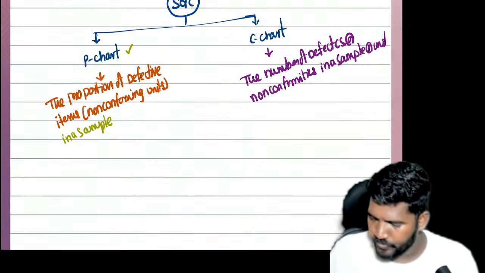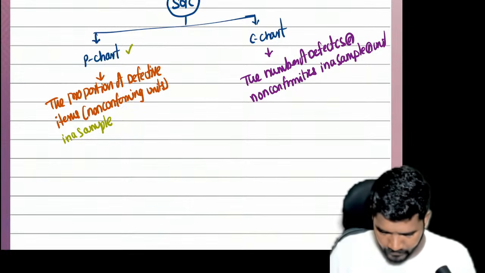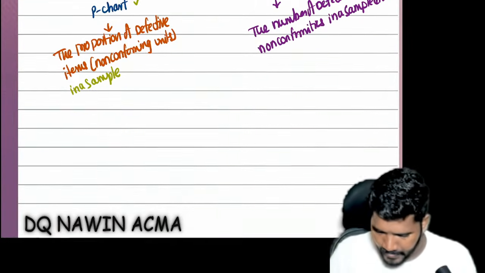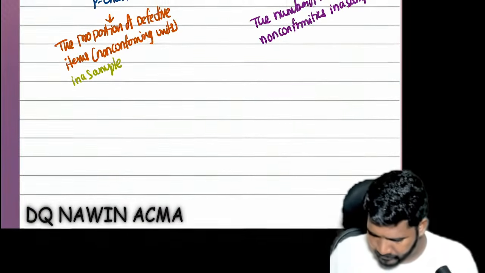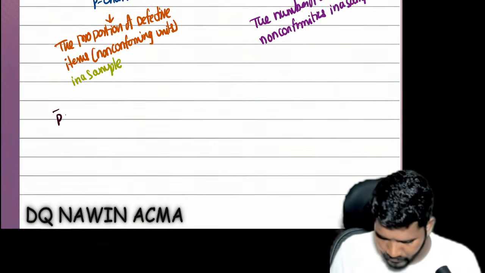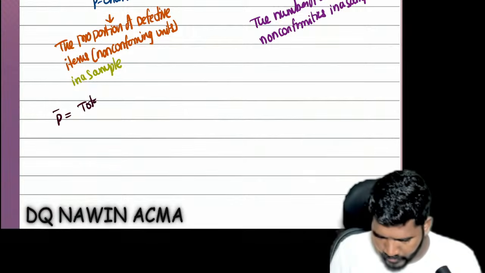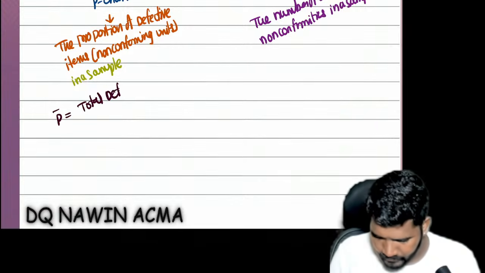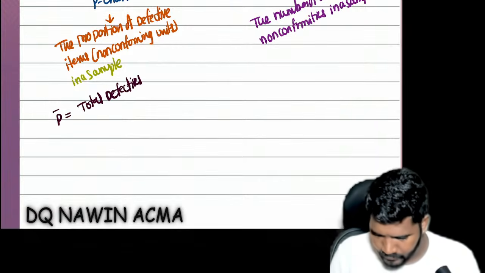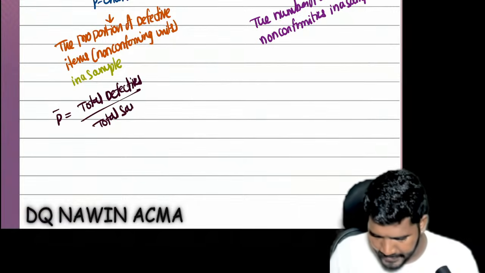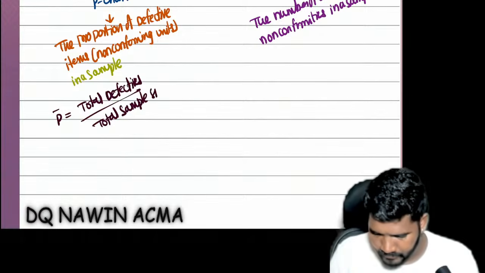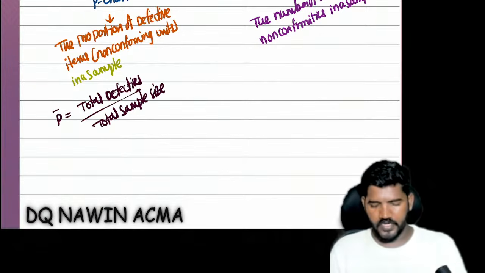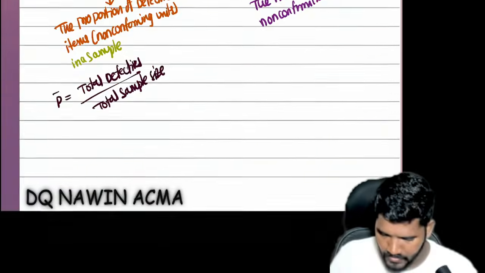When it comes to the calculation part, P bar equals total defectives divided by total sample size.